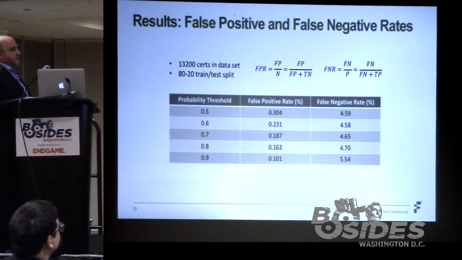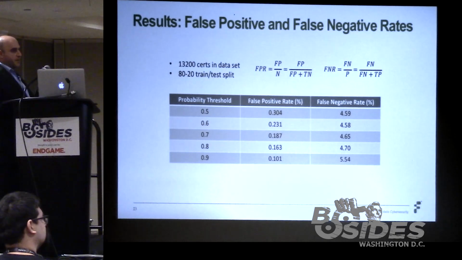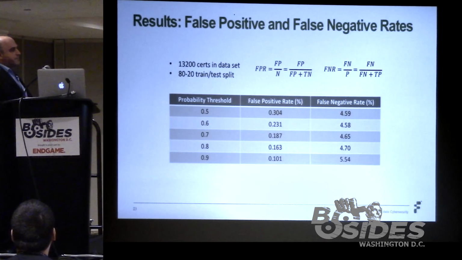We look at these 2 measures. The false positive rate, meaning the ones that the classifier says are positive, malicious, out of the number that are negative, benign, meaning that it classified them wrongly as positive.